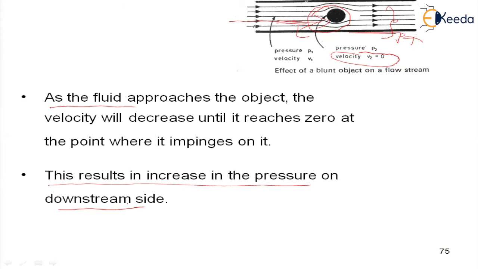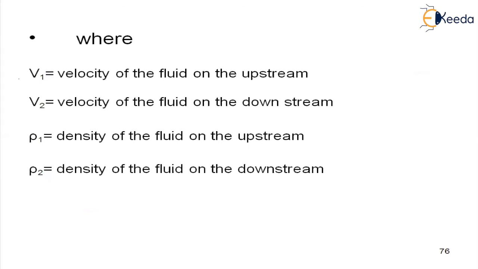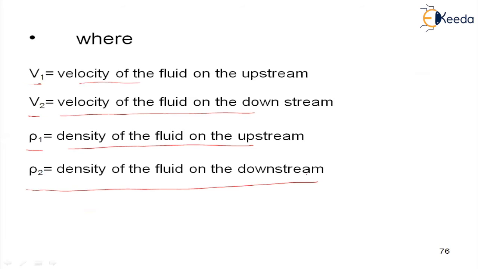From that equation, V1 is the velocity of the fluid on the upstream side, and V2 is the velocity of the fluid on the downstream side. Rho 1 is the density of the fluid on the upstream side, and rho 2 is the density on the downstream side.